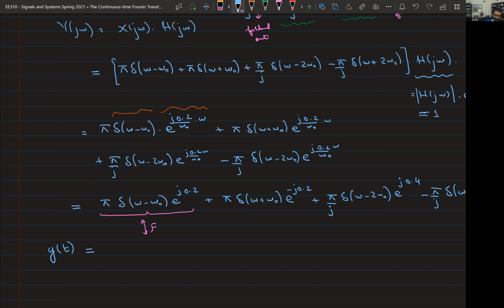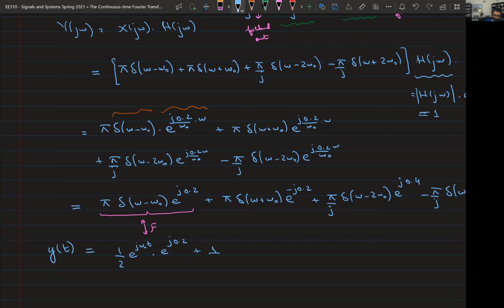Turns out this is equal to half e raised to power j omega naught t, and then this is e raised to power j 0.2, because that's linearity.